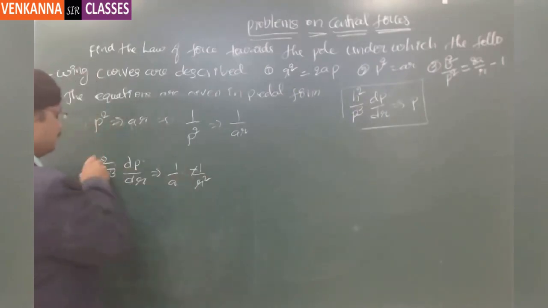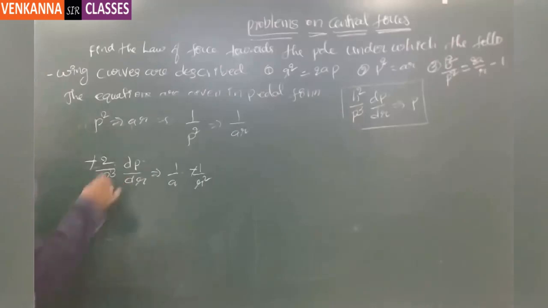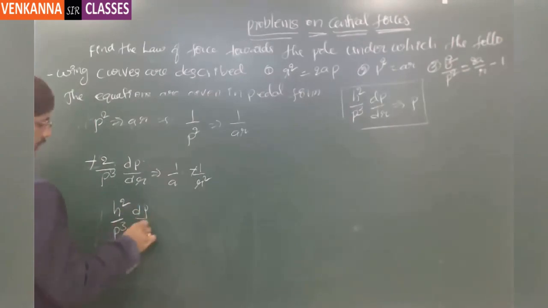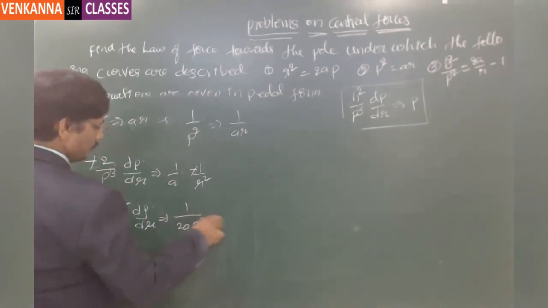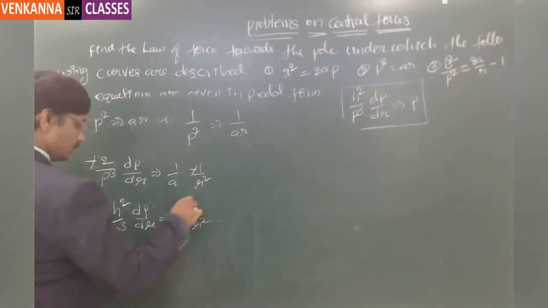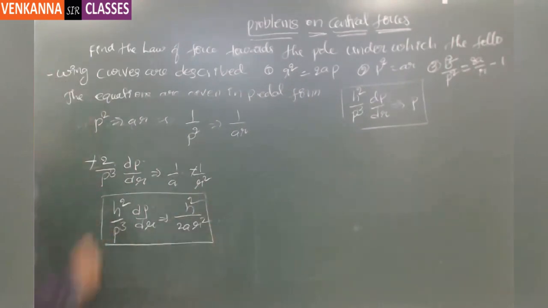So minus minus will cancel out, and from this if you multiply h square on either side, h square by p cube into dp by dr is equal to 1 by 2a r square into h square. In the similar manner, you can follow the other one.